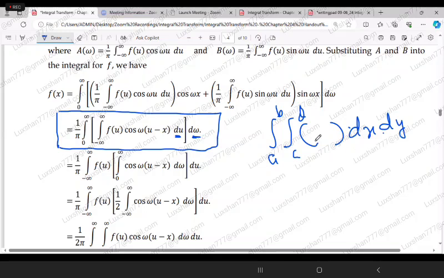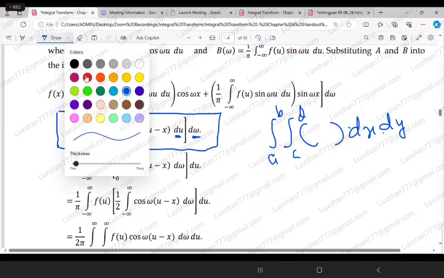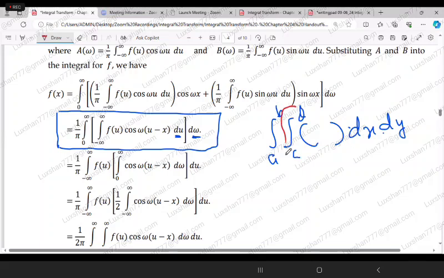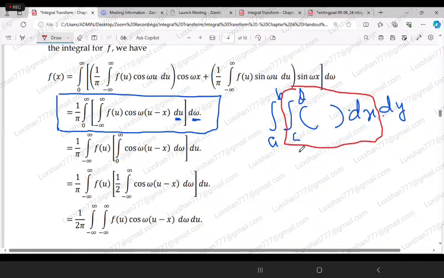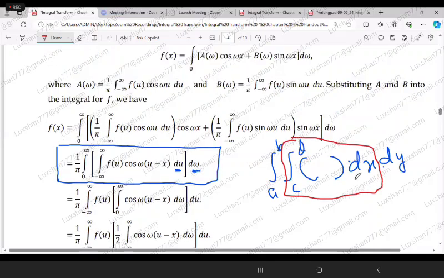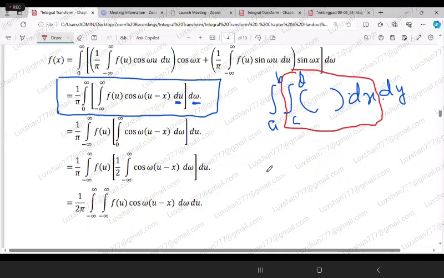Here c to d is the first one. Then you can change the order of integration, so you write it as c to d, a to b. There's no change in the function. But since you have changed this, you have to change the order of the differentials. Then this becomes dy into dx.